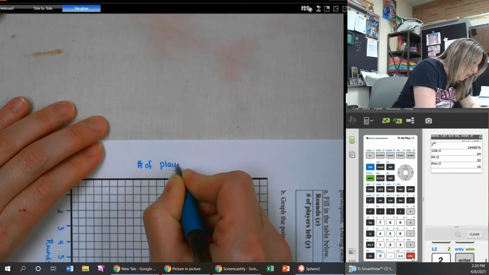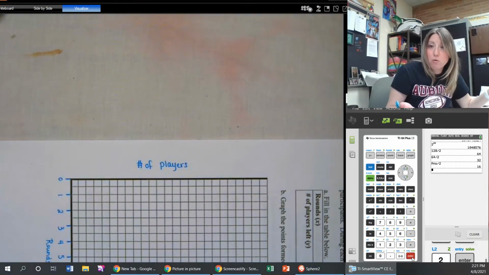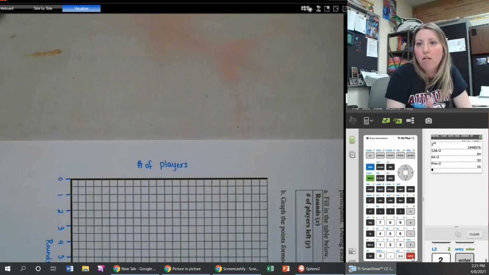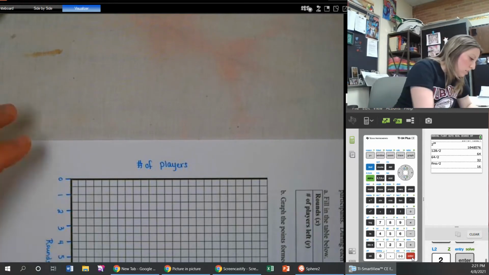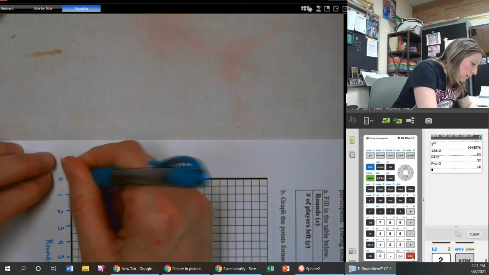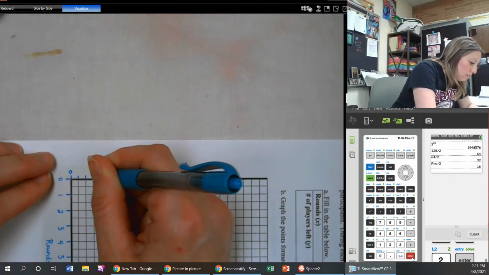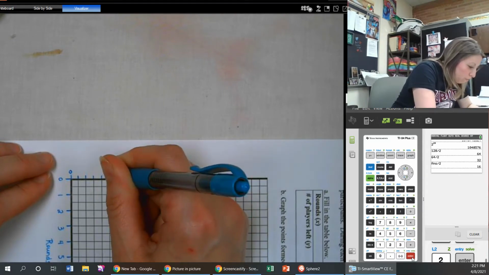Number of players. Why don't we just go by 4s again? Because we know that'll fit 100, and we need to get 128. Yuck. All right, I guess I got to go by 8s then. So 8, 16, 24, 32, 40.